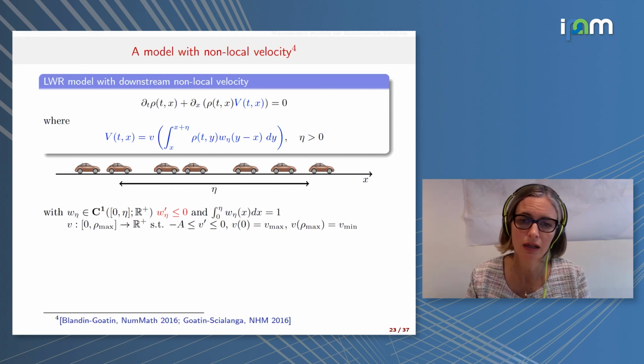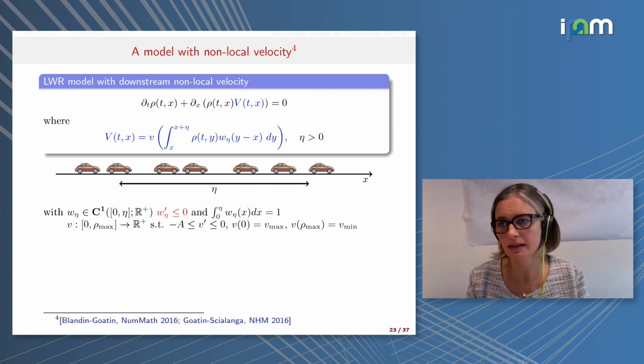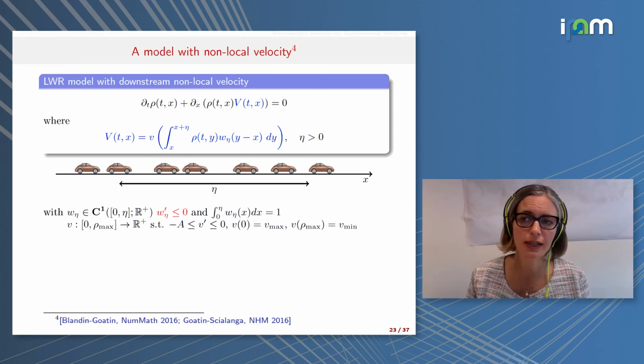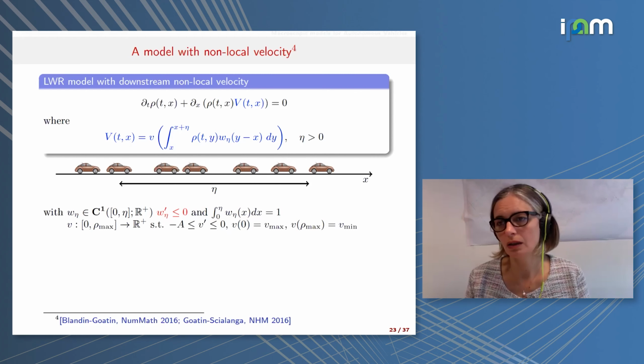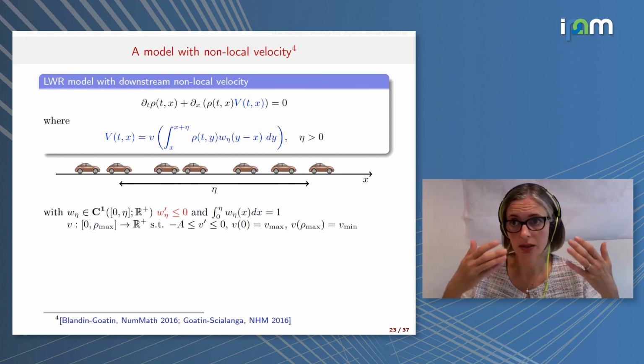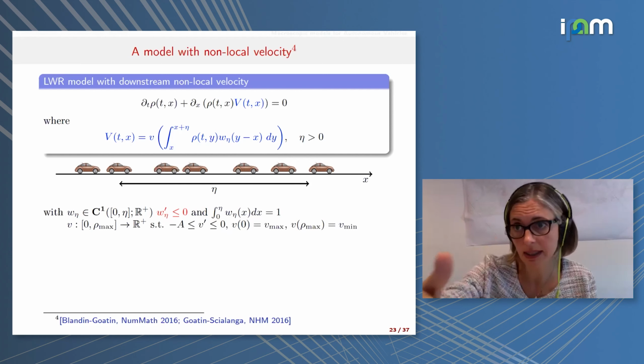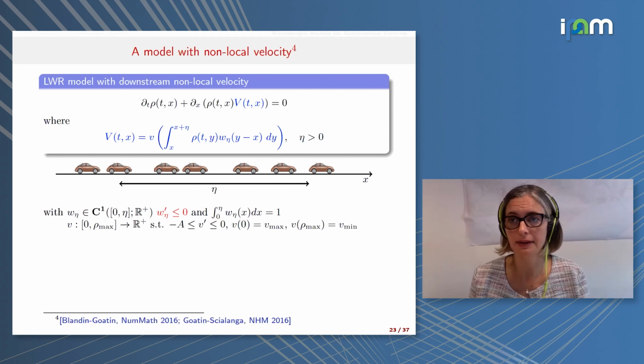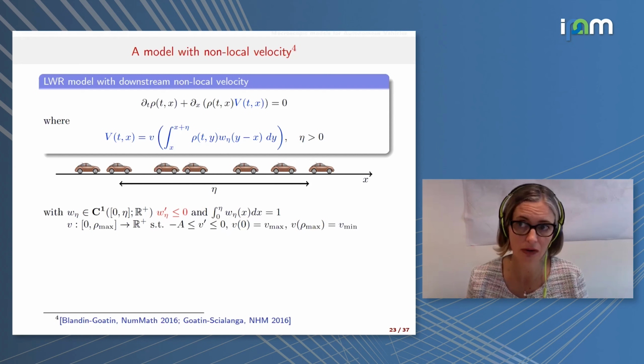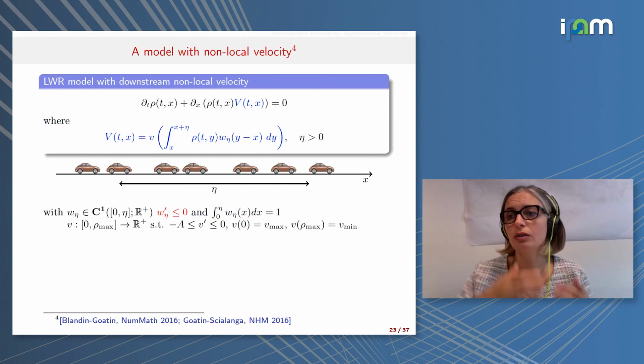And it came out that this could be applied to traffic if you imagine that when an autonomous vehicle is driving, it is not reacting only to the car just in front of it, but it knows what happens even much farther and can react to the evolution of the traffic around it.